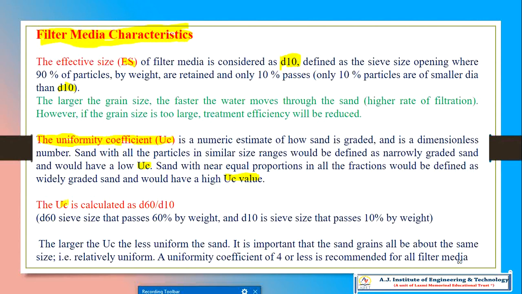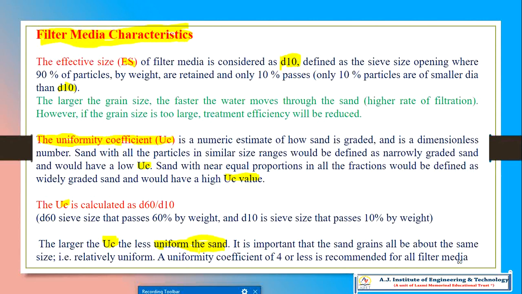That is UC. The larger the UC, the less uniform the sand. If the UC value is larger, because D60 is divided by D10, then the sand will be less uniform.